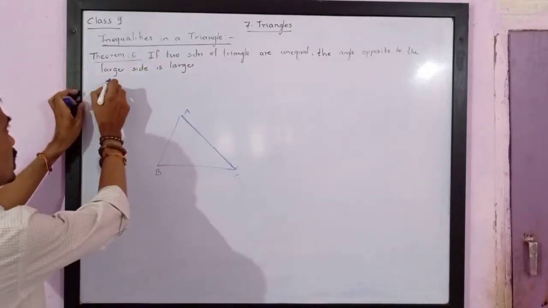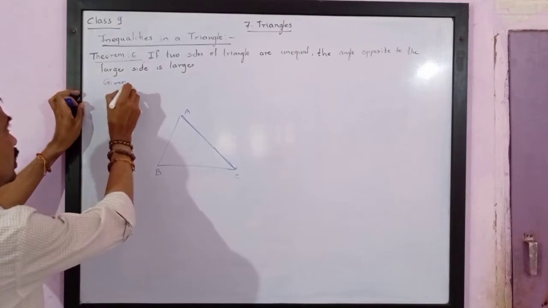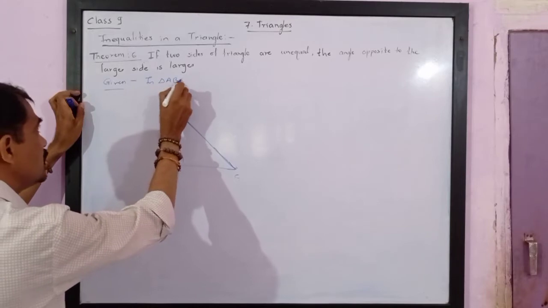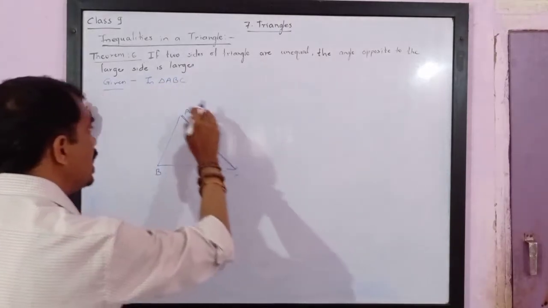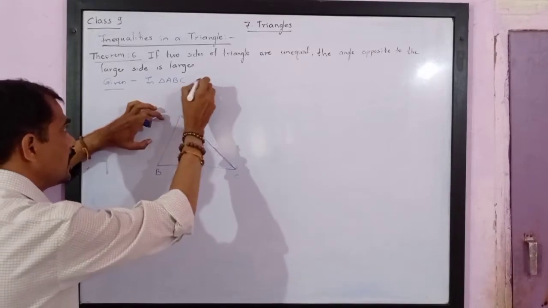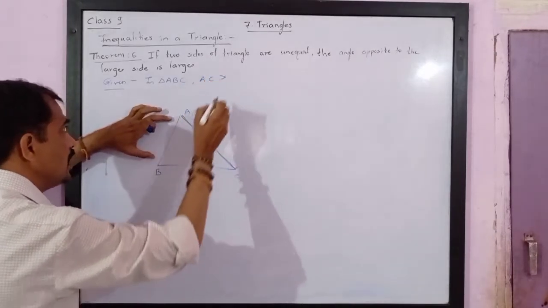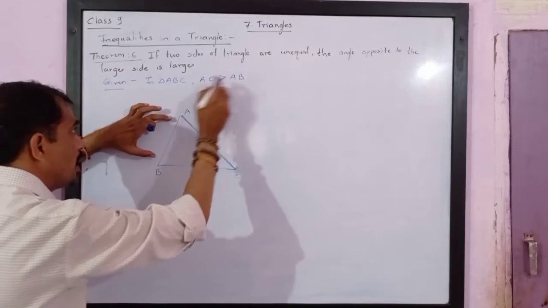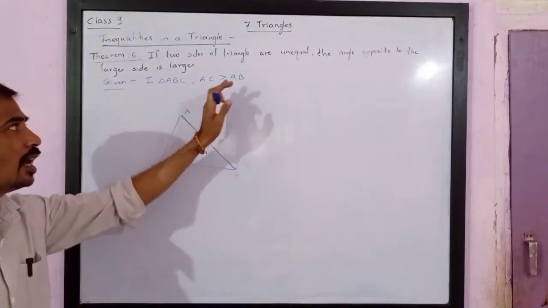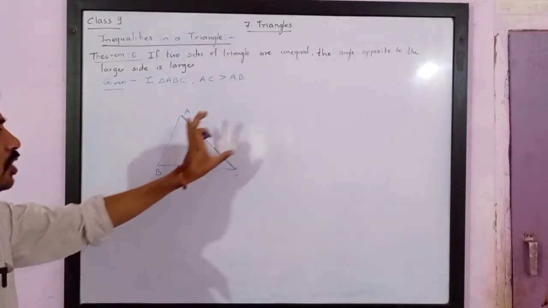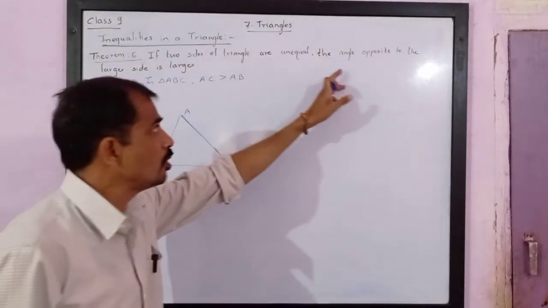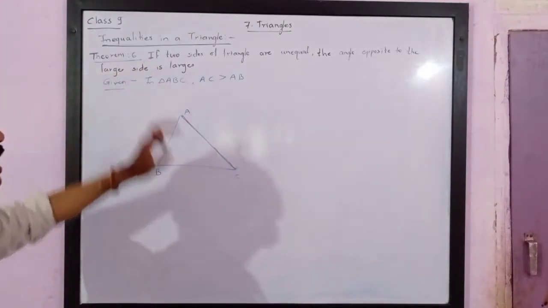In triangle ABC, two sides are unequal, that is AC is greater than AB. Two sides are unequal in such a way that one side is greater and the other is smaller. From the figure also it is clear that side AC is greater than AB. The angle opposite to the larger side is larger.